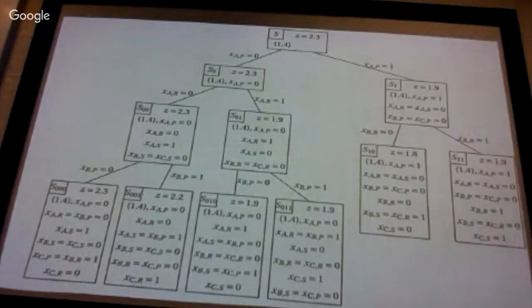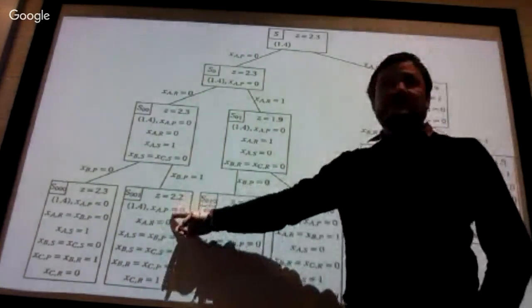And the second one, AS and BP, 1.3. And CR, that's 2.2. So that looks correct.